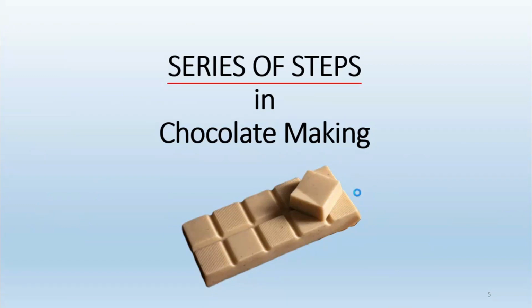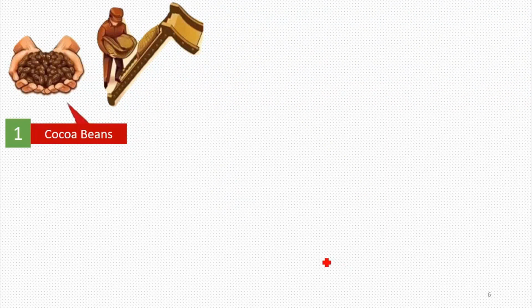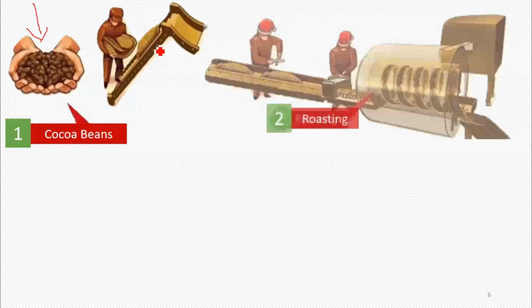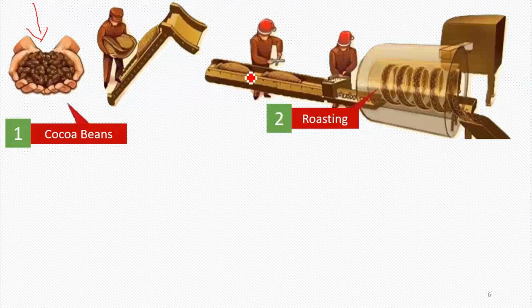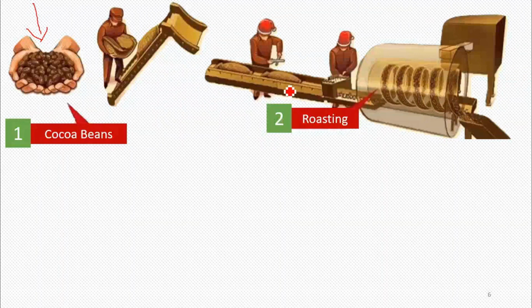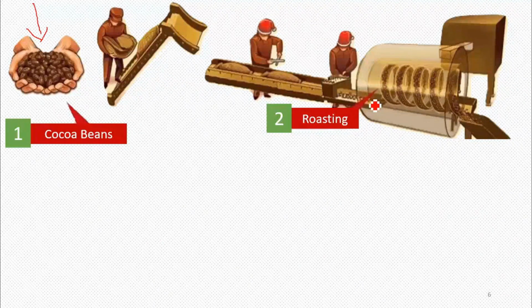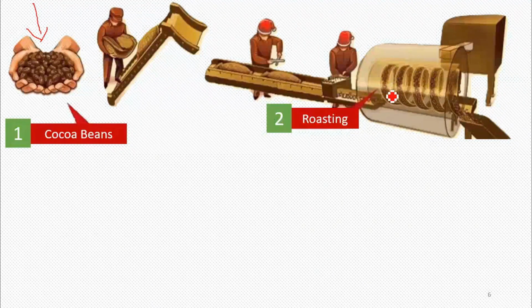So let me talk about the series of steps now. As you can see in this particular picture, at first we have to take fermented beans and then load them on this structure. And then the workers will open these bags and spread the cocoa beans on this conveyor belt. After doing so, you can see that these cocoa beans are now moving and reaching this chamber, which has a coiled structure.